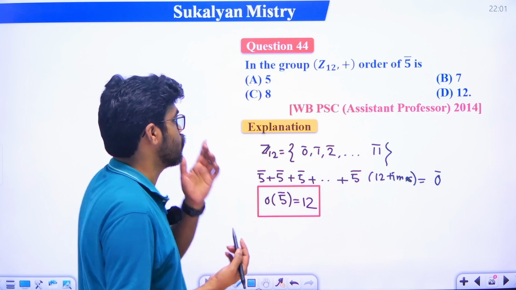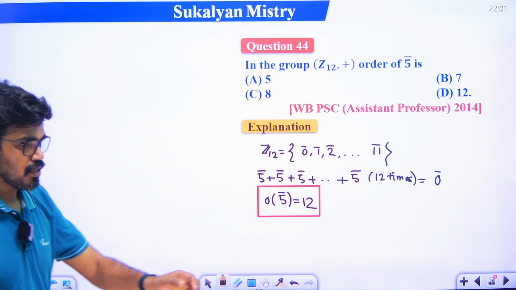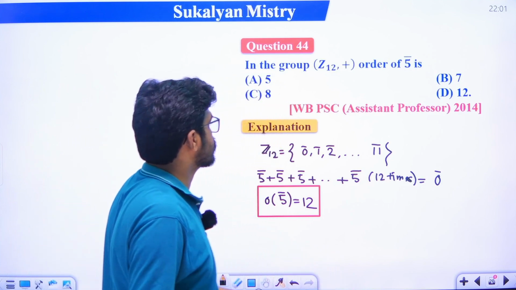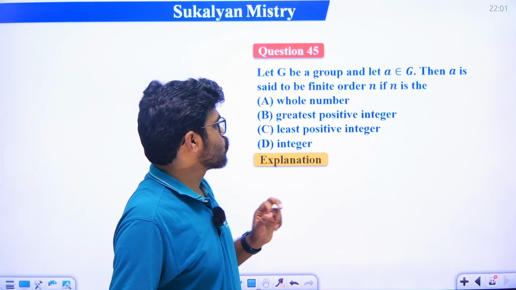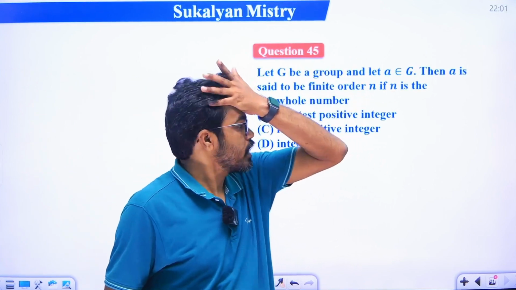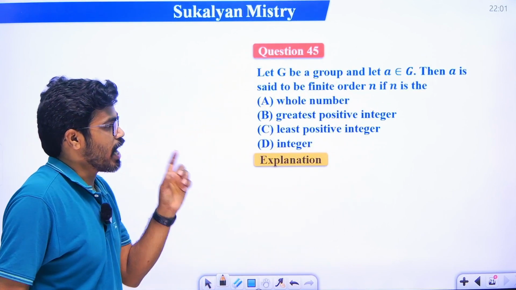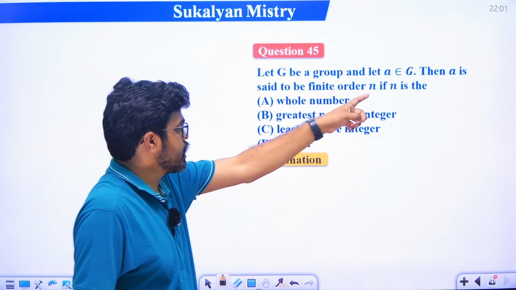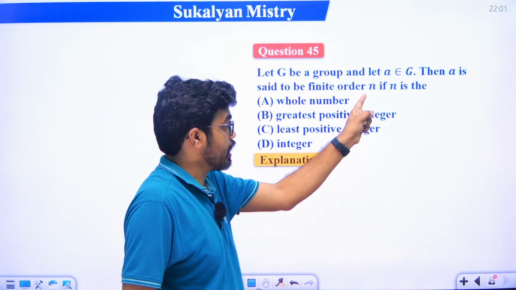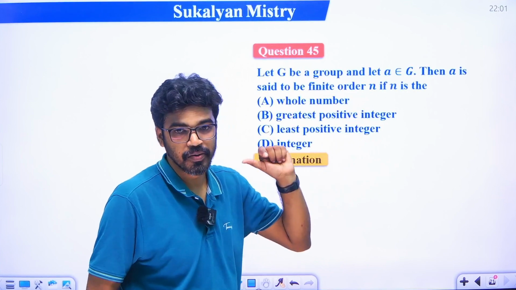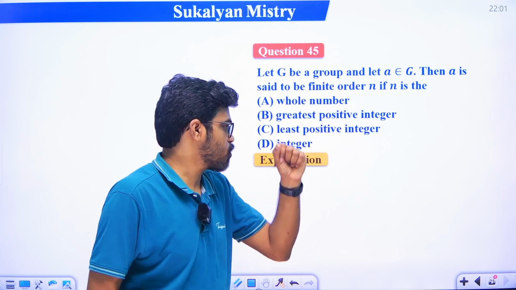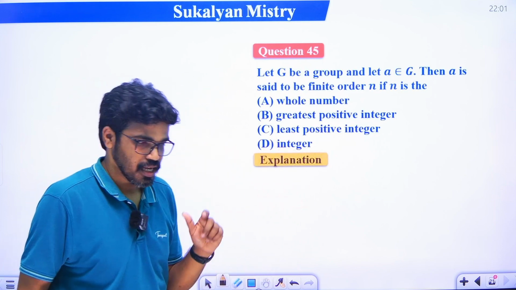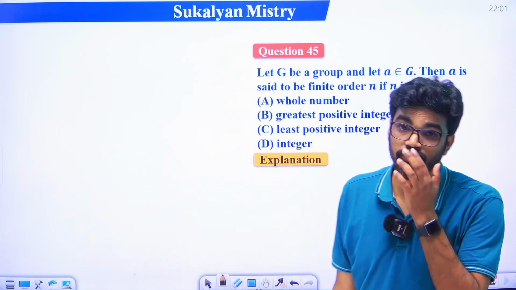Okay, and this is the last question of today's class. Let G be a group and A belongs to G, then A is said to be of finite order n if n is the whole number, n is the greatest positive integer, n is the least positive integer, or n is any integer. Just recall the definition of order of an element.